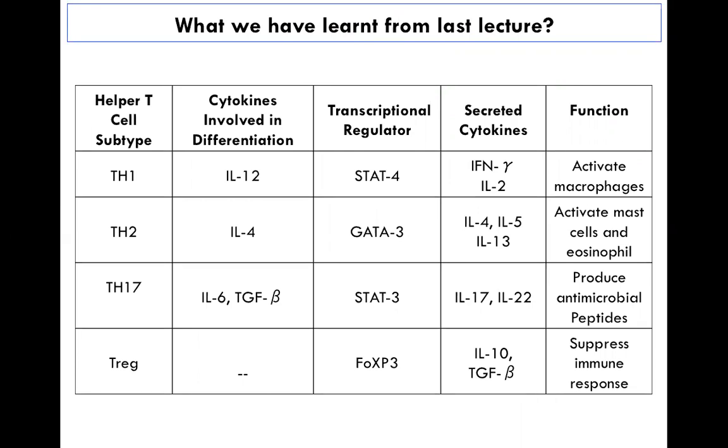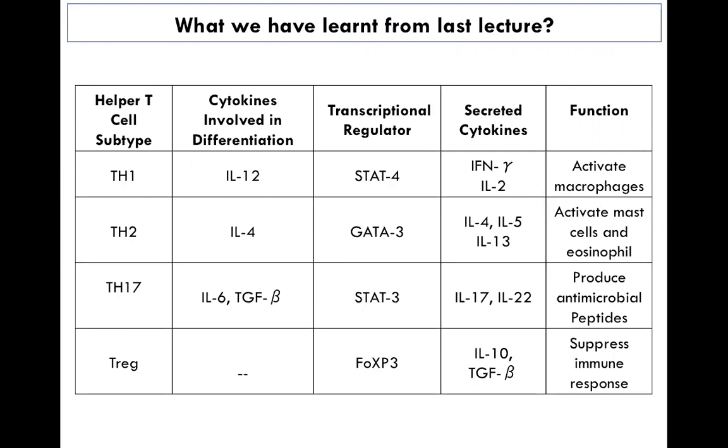Before starting our next lecture, let's recall what we have learned. We studied the four major subtypes of helper T cells, such as Th1, Th2, Th17, and T regulatory cells. And then we also discussed how they got differentiated.